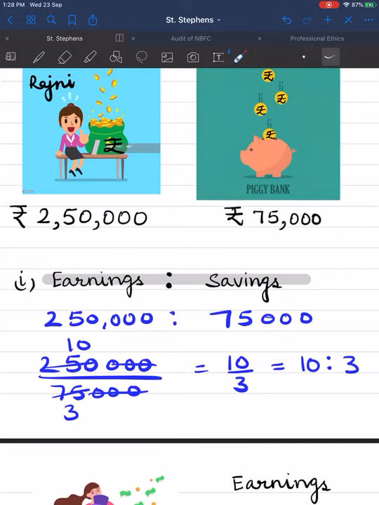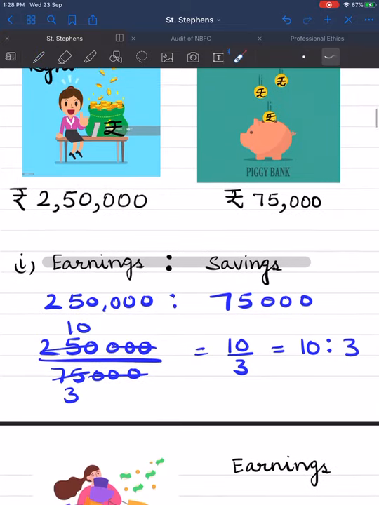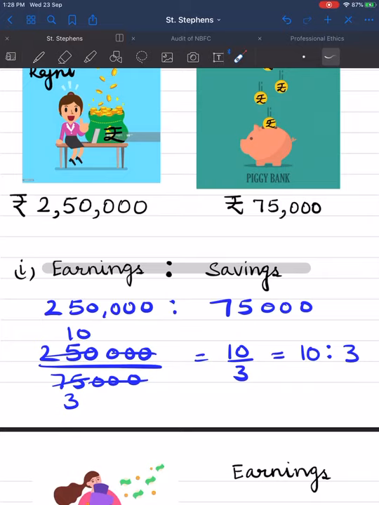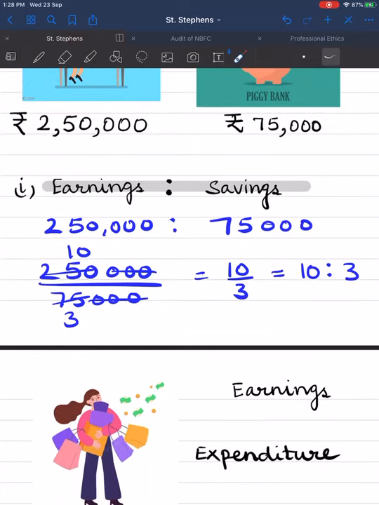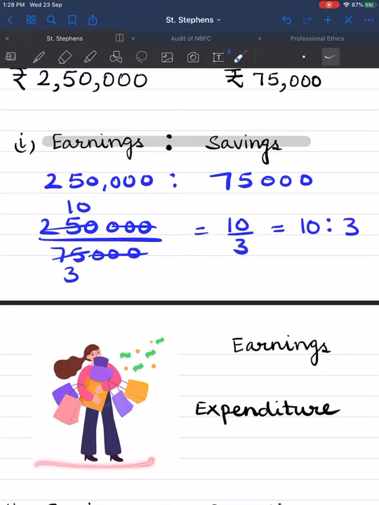Now in the second part, we have to find out the ratio of money that she saves to the money she spends. Now children, we know that earnings is sum total of savings and spending or expenditure.